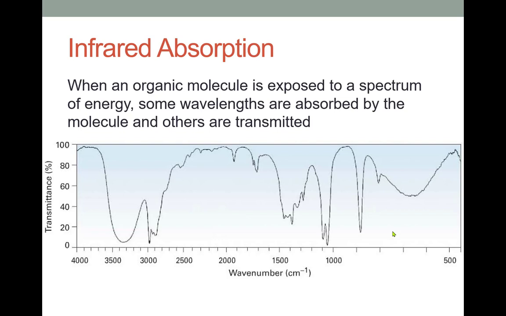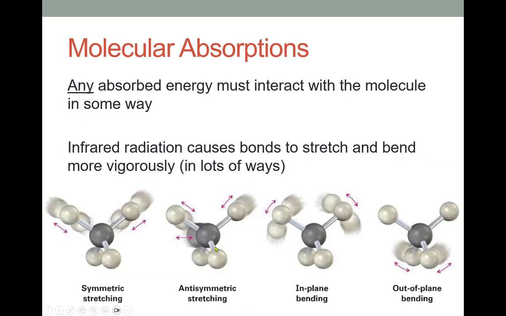But what is actually absorbing? Well, what's actually happening when we bombard these samples with infrared radiation is that the molecules are interacting with that energy. And so we get basically two fundamental kinds of interactions. We get stretching interactions, whereby a bond here, remember we can sort of think about bonds as being like little molecular springs holding atoms together.